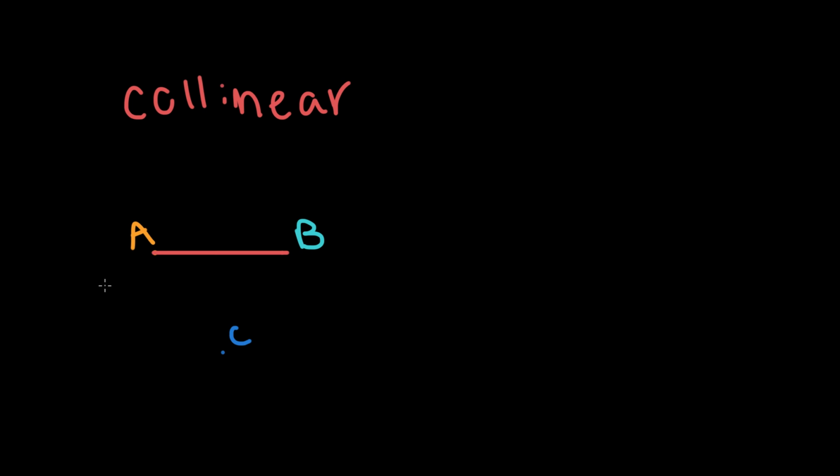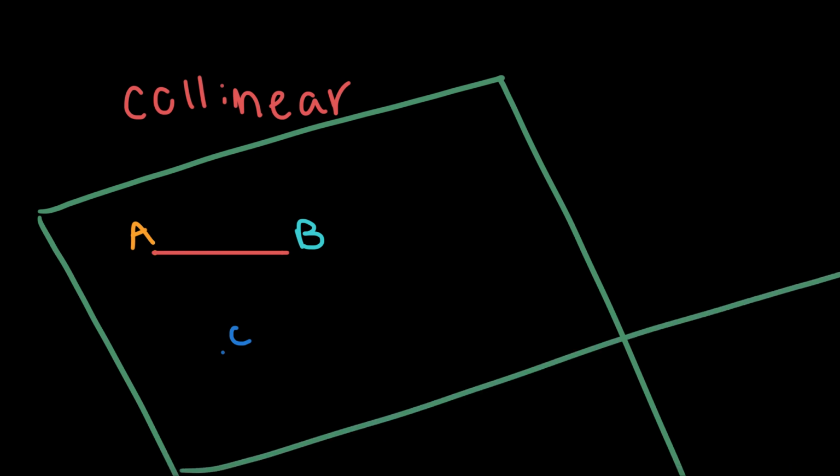A plane is an infinitely large flat surface with no thickness and an infinite amount of points. Think of it almost as like a piece of paper that just extends forever. So let's draw a plane around these points, and I will try to draw it the best I can. So 1, 2, 3, and then plane. Okay. So this box right here is what we would call a plane.